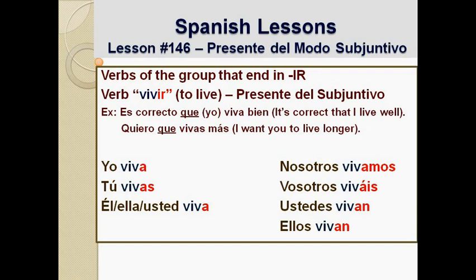So here you can see the third classification of Spanish verbs, the verbs that end with the letters IR, or in Spanish, IR. You can see in color red that is the ending of the verb for this conjugation tense, and in blue we have the root of the verb.